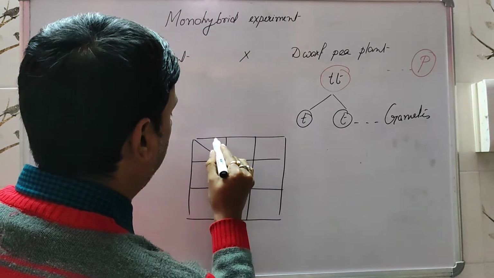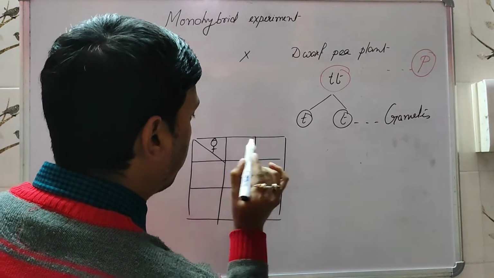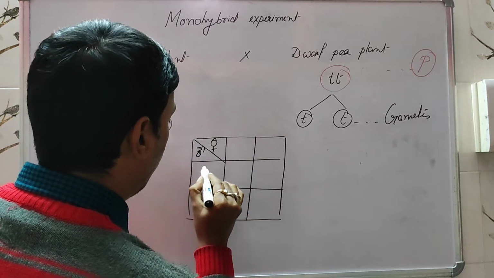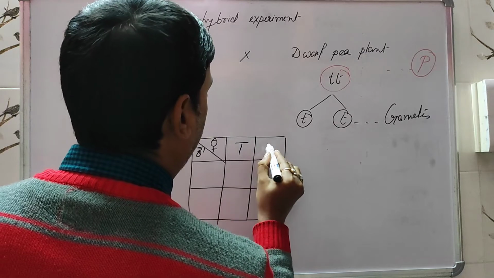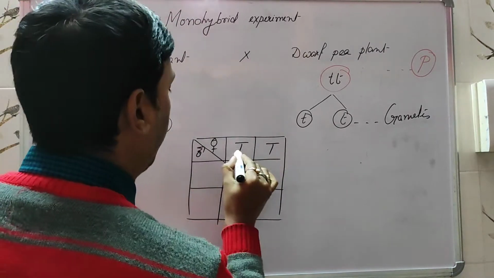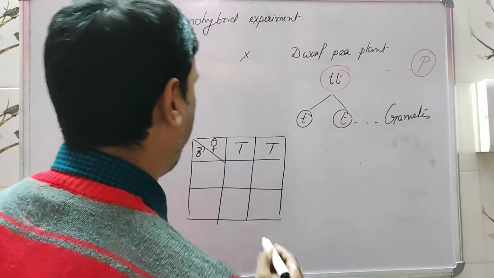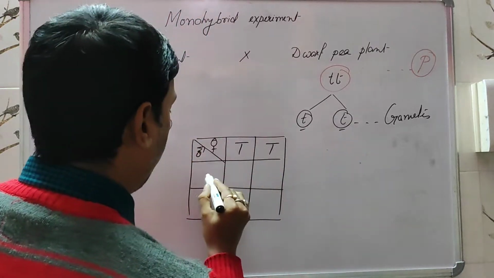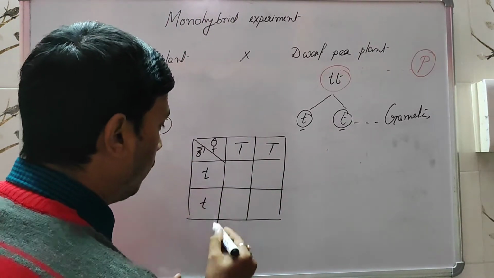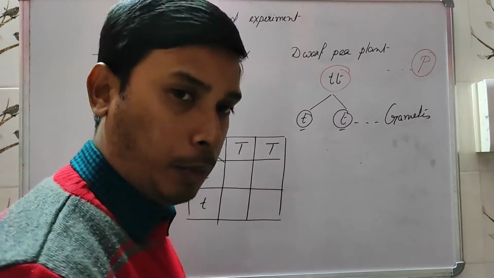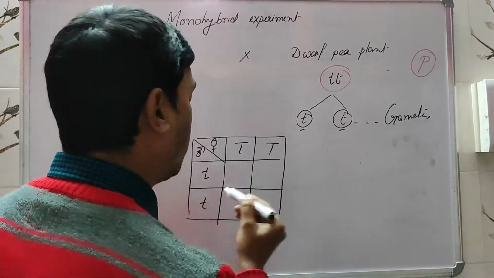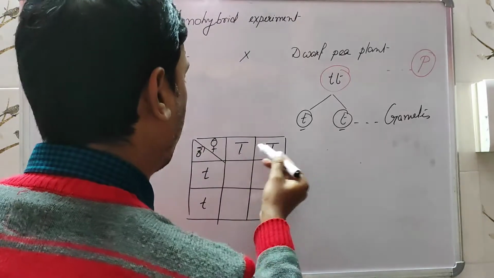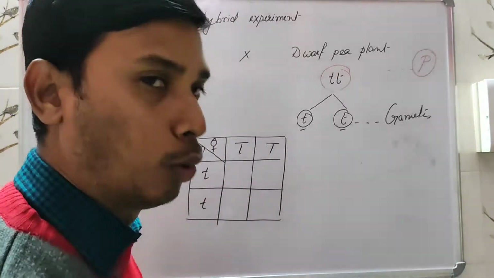Here we place the female gametes, and here we place the male gametes. Suppose you take capital T; these two gametes I have taken in this part of the Punnett square. And the small t gametes I am placing here on the y-axis. Suppose these are female gametes and these are male gametes. There is no problem if you take small t here and capital T here.